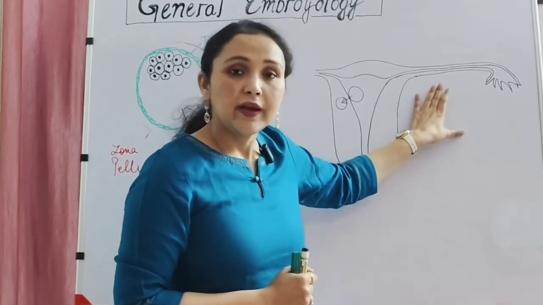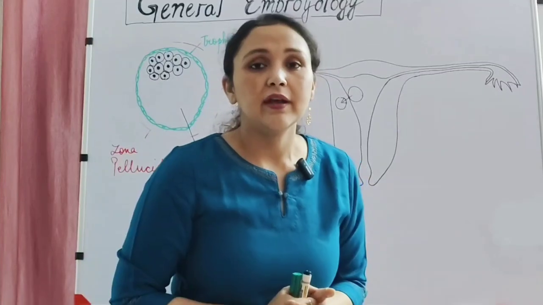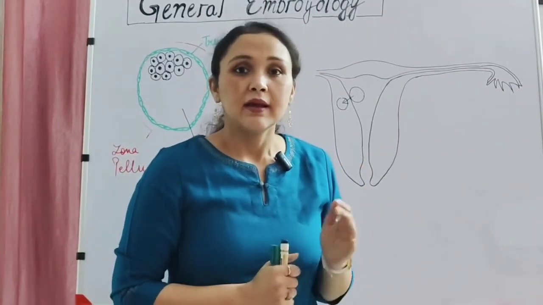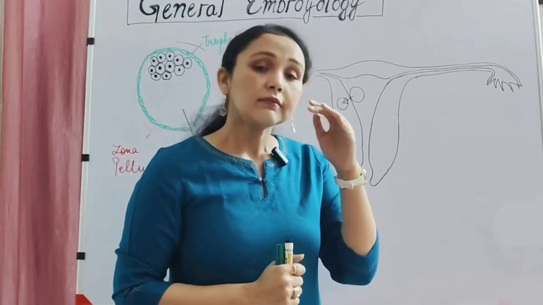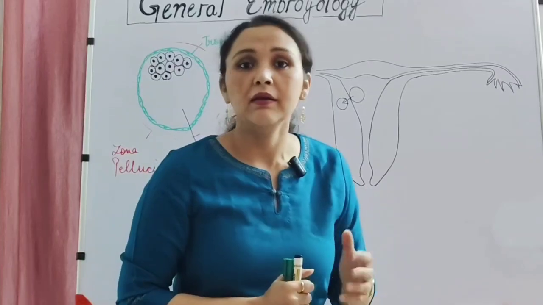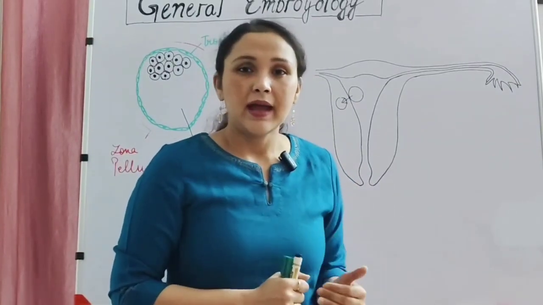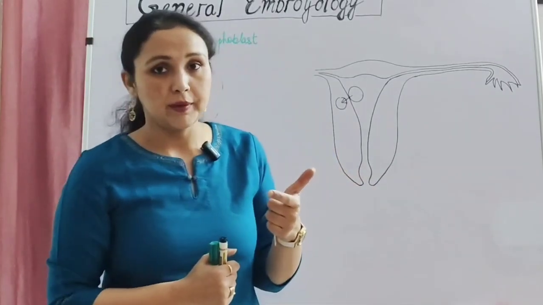So, if any female, mostly the primigravidas, comes with 4 to 6 weeks of amenorrhea, that means absence of menstrual periods, and a history of abdominal pain, nausea, and vomiting, the first suspicion should be of ectopic pregnancy.